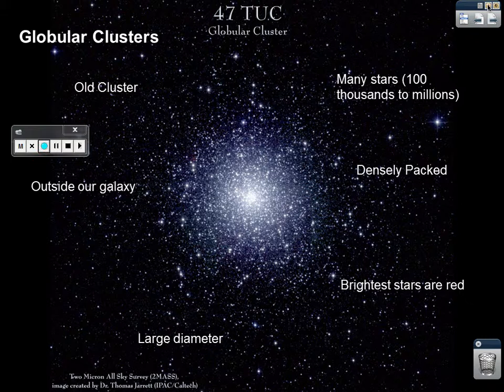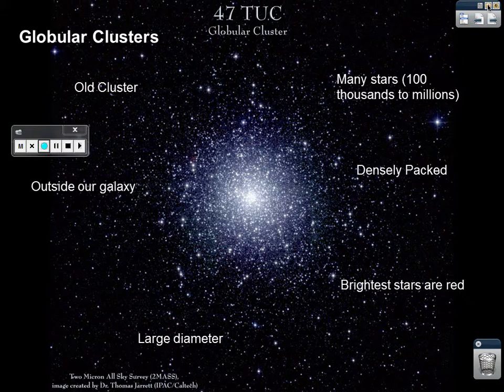So let's just recap. They're old. That's the first thing we know about them. They're outside our galaxy and they are globular. The word globular just means they form a ball, so it's spherical in shape. They're large in diameter, probably hundreds of thousands of light years across, whatever the estimate.